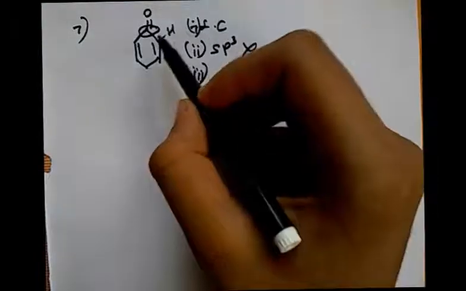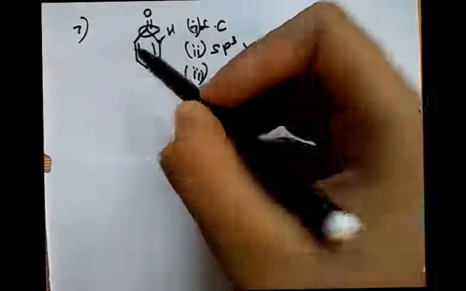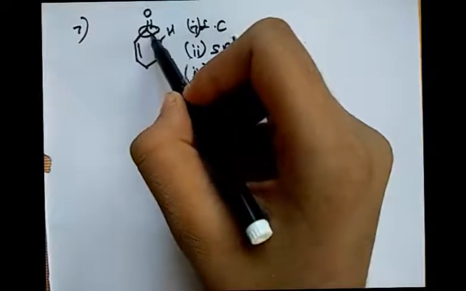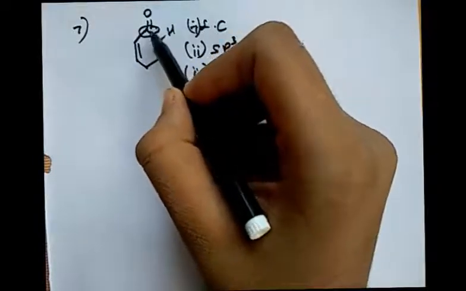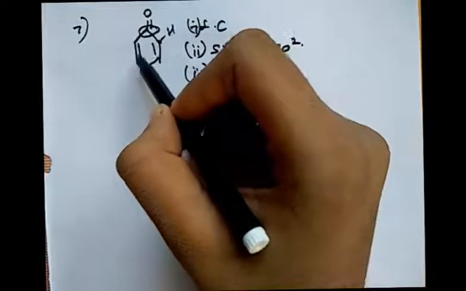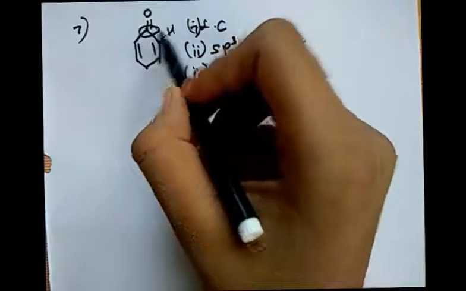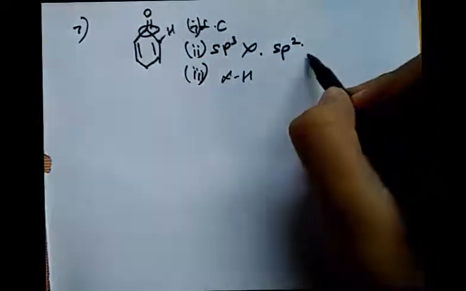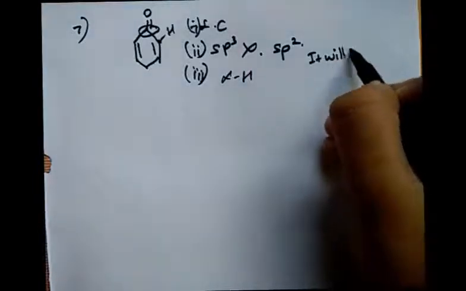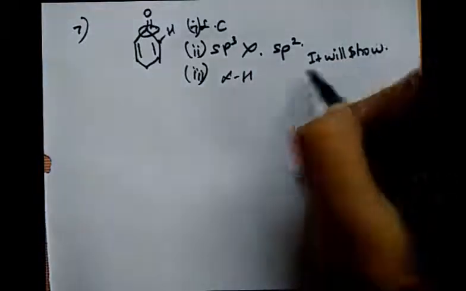How? Due to extended conjugation. If we learn further about conjugation and all, we'll see due to shifting of bonds, shifting of double bonds, it will show tautomerism.